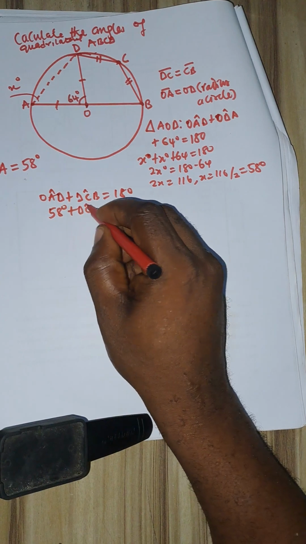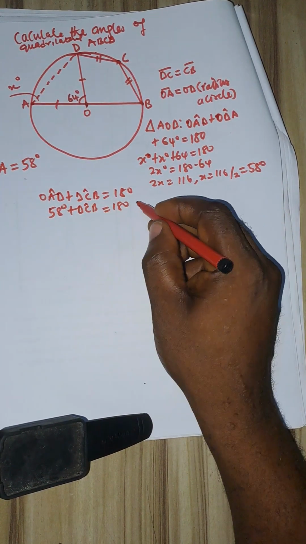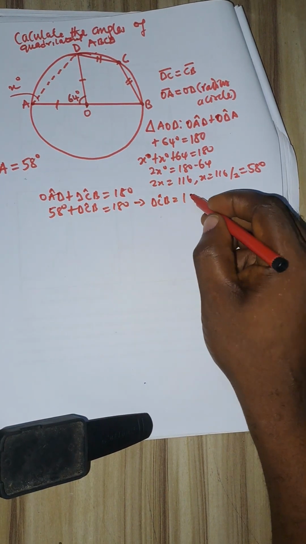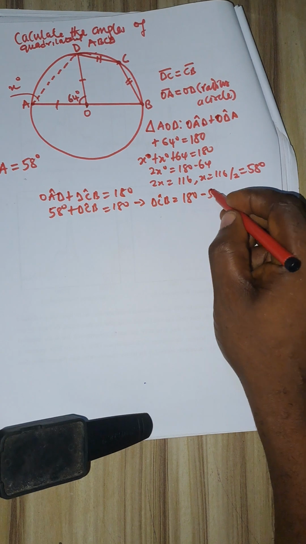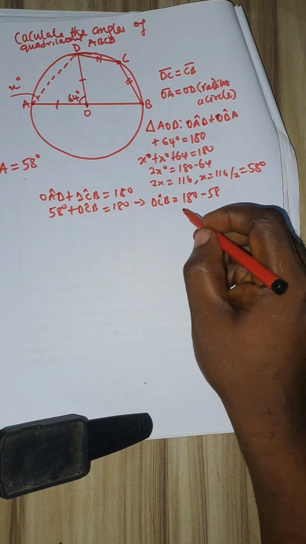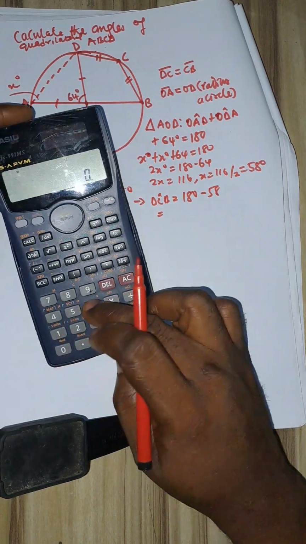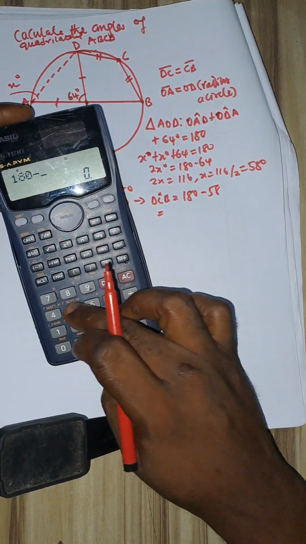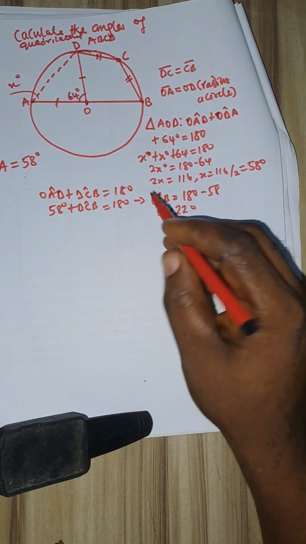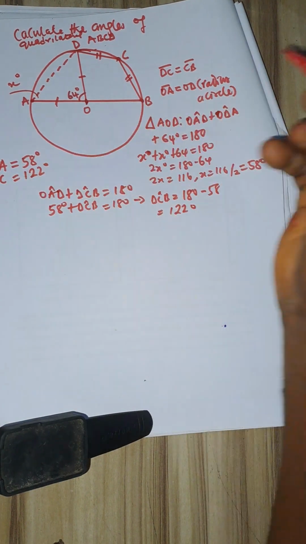Plus DCB is 180 degrees. So DCB will be 180 minus 58, which equals 122 degrees. So C is 122 degrees.